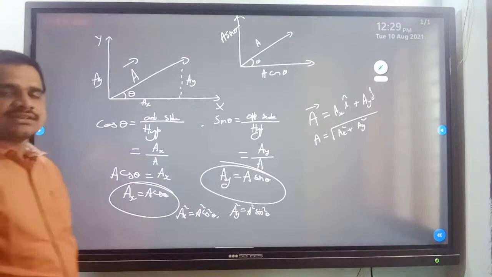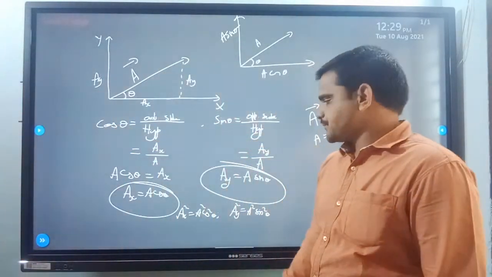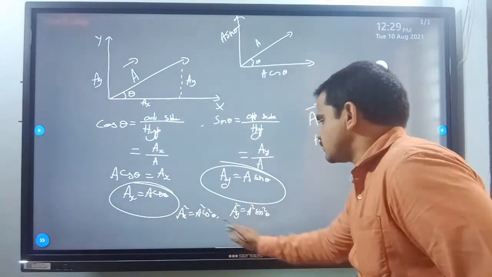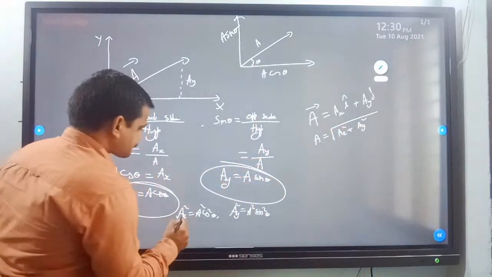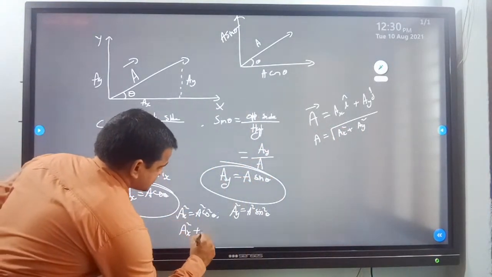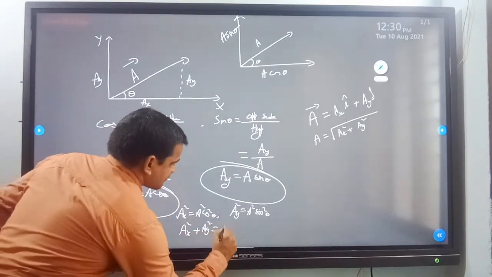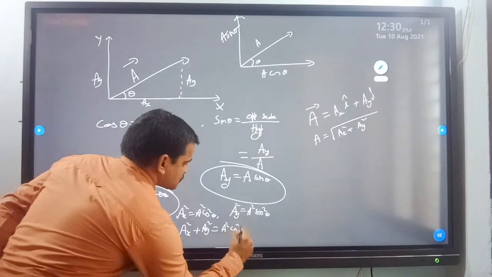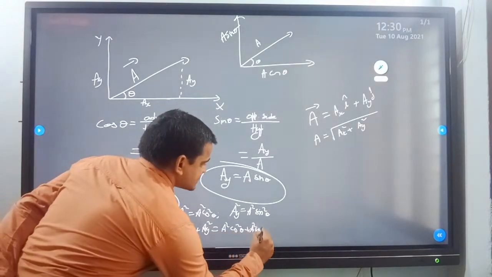Just add these two. Ax square plus Ay square is equal to A square cos square theta plus A square sin square theta.